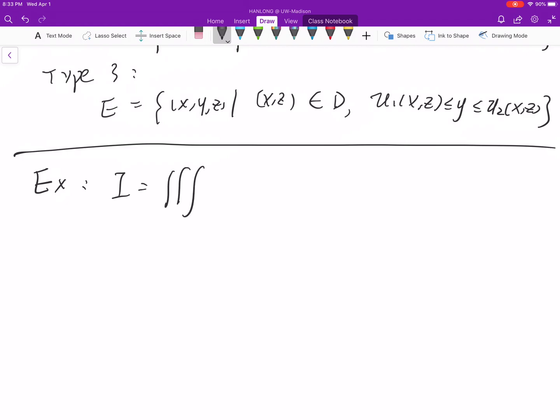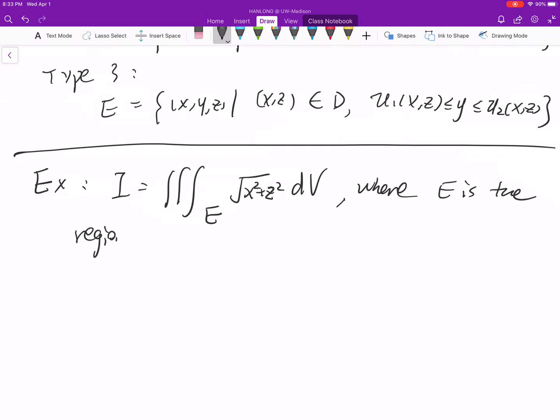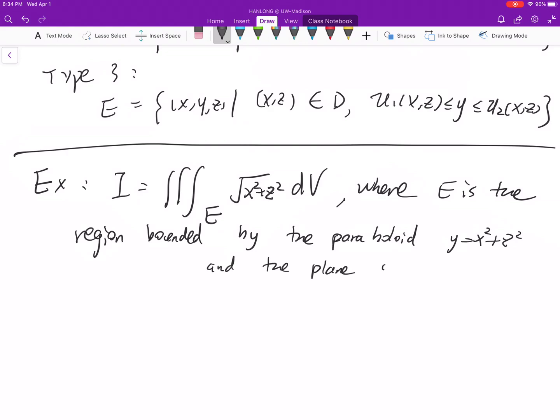Suppose you have the integral over E of the function x squared plus z squared dV, where E is the region bounded by the paraboloid y equals x squared plus z squared, and the plane y equals 4.